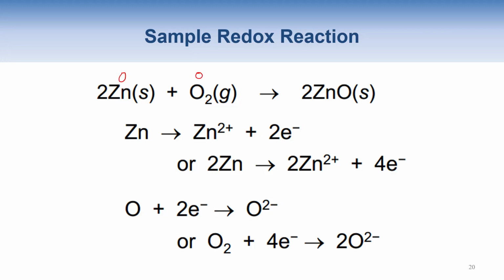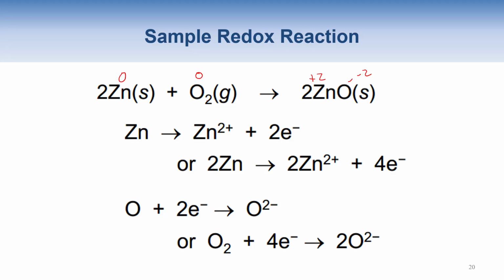But now on the other side, O has a -2 oxidation number. And if we want to calculate zinc, zinc plus oxygen has to equal 0. So if oxygen is -2, zinc has to be +2. So we have just assigned oxidation numbers to oxygen and zinc.